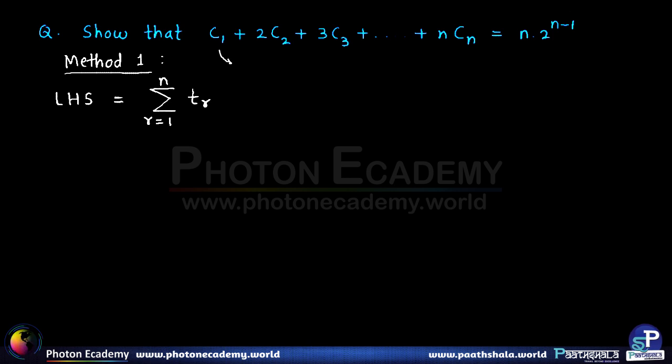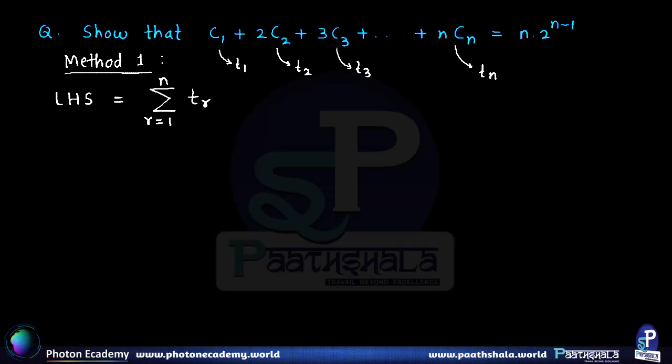So that means this is our term 1, this is our term 2, this is term 3 and so on up to this is term n. Now we observe that if we see every term, that term has the binomial coefficient of the same count as the term number.